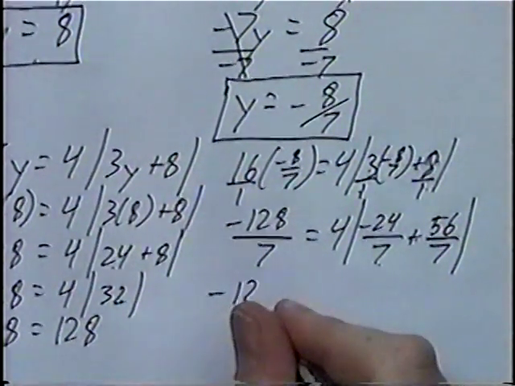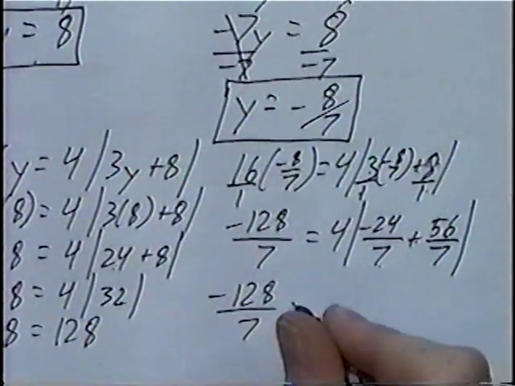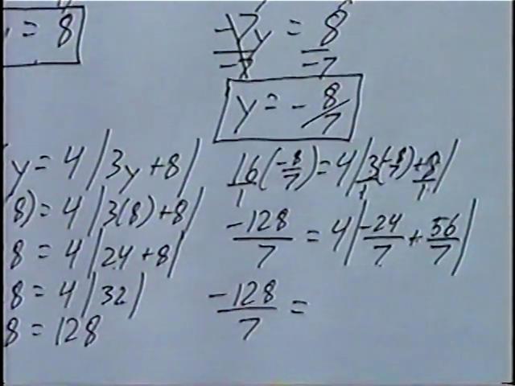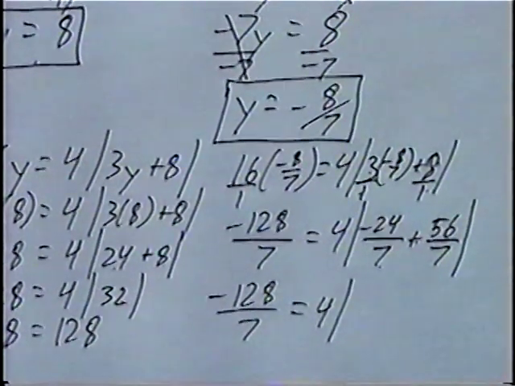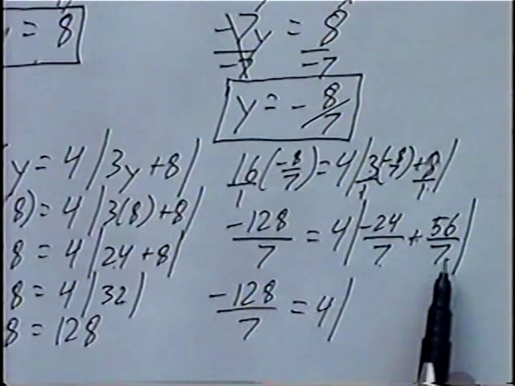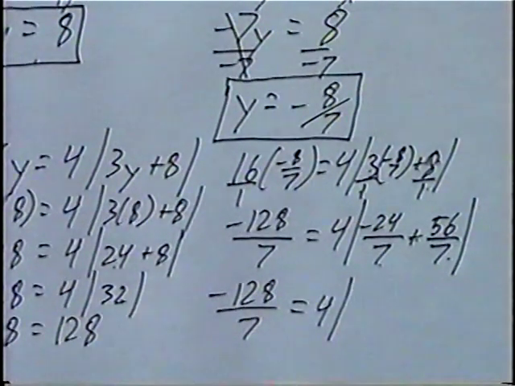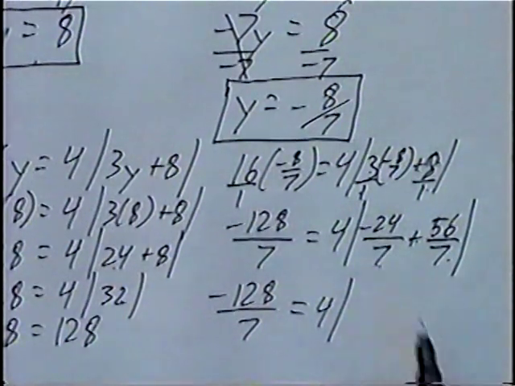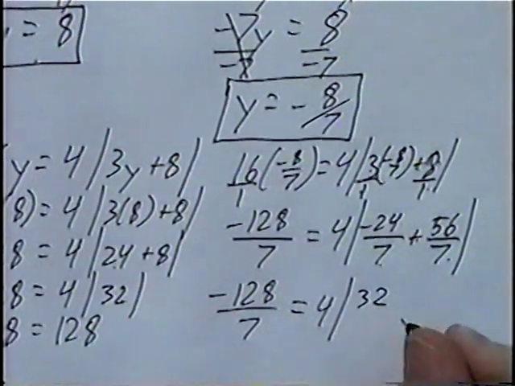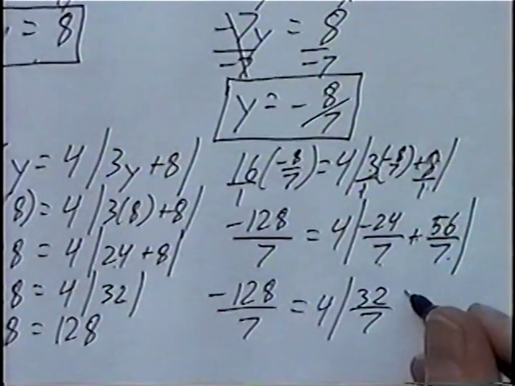Solving from here, negative 128 over 7 stays the same on the left-hand side. 4 stays the same outside the absolute value. And combining fractions, negative 24 over 7 plus 56 over 7, 56 minus 24 would be 32 over 7.